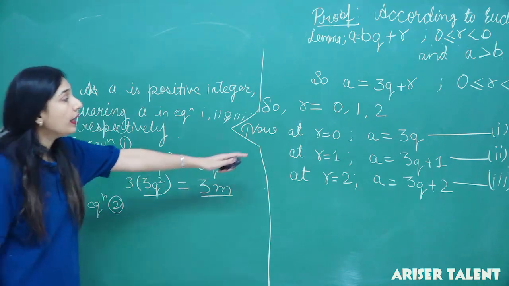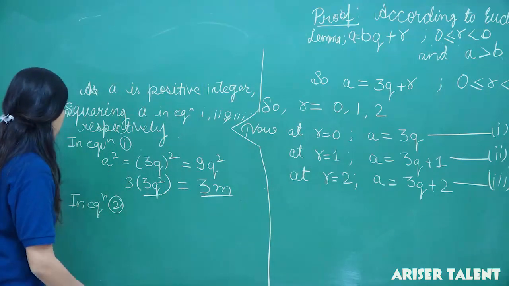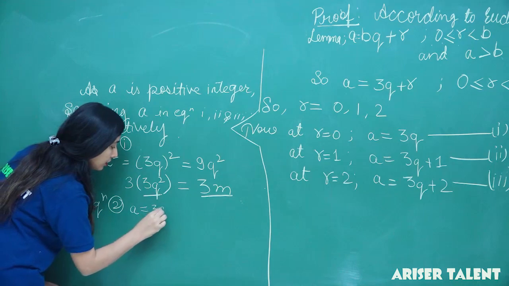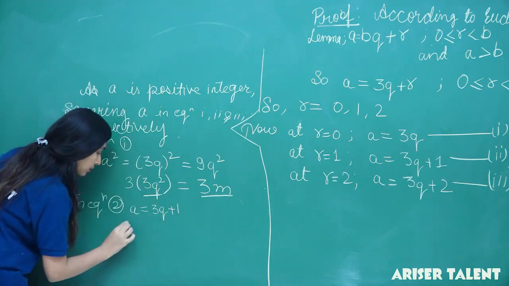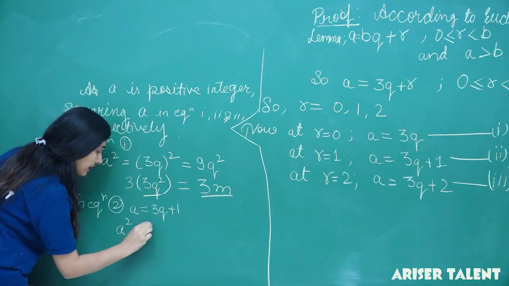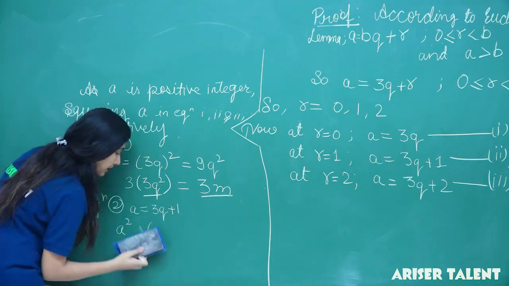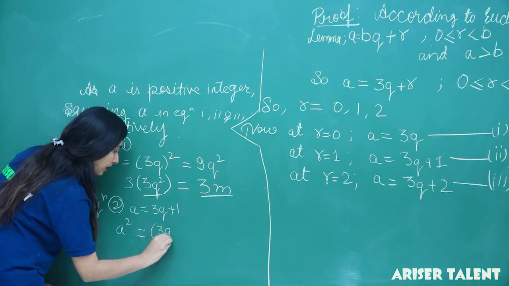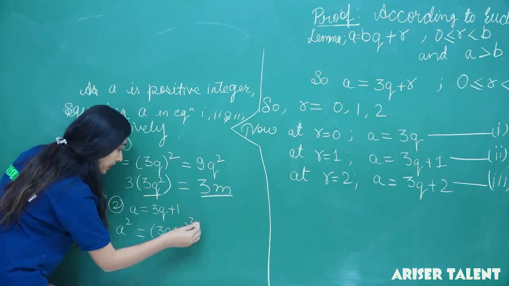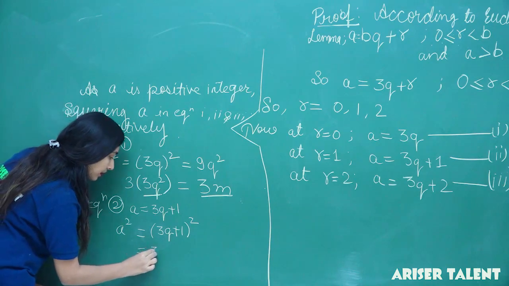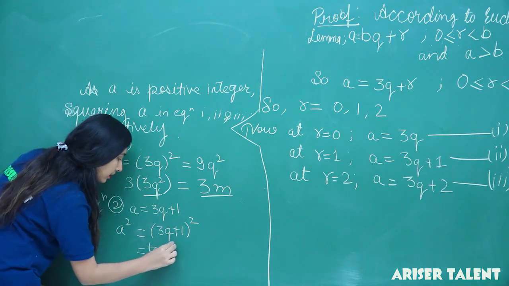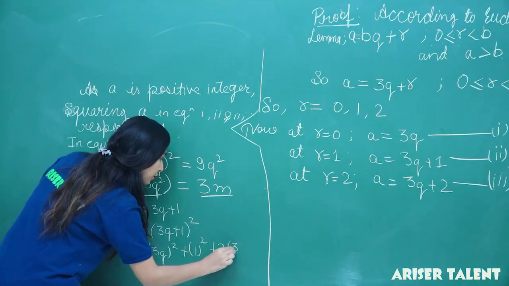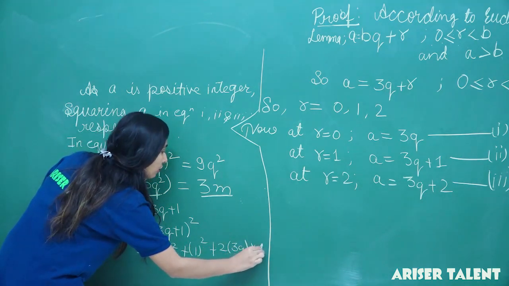Now, in equation 2, what is equation 2? A equals 3q plus 1. Now, put it. Squaring A, A square will be equal to what? A square equals 3q plus 1 whole square. Now it will become 3q whole square plus 1 whole square plus 2 into 3q multiplied by 1.